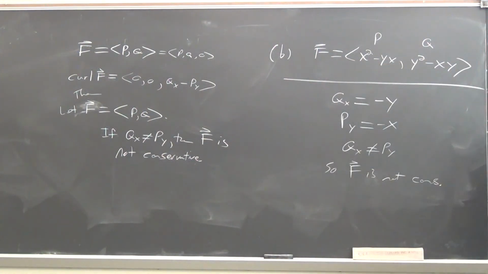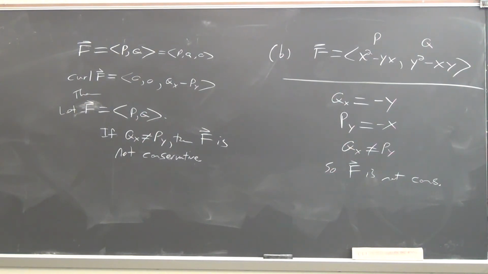Okay? So next time we'll just basically say that the other direction is true. Maybe we'll do a little bit more detail than that. Yeah, I don't think we'll prove it. But essentially, we'll show the other direction, and then we'll calculate some more line integrals using that.